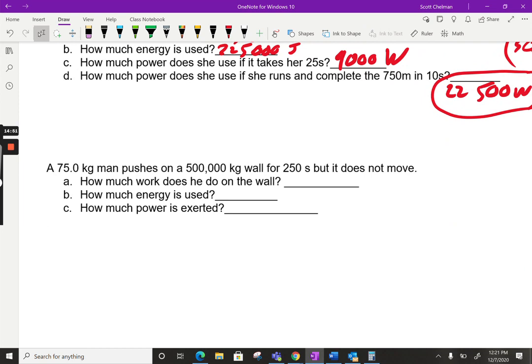Okay. So, going on to this one. All right, Kylie. This one. How much work does he do on a wall? Okay. Anybody get this one? Or if you didn't get this one, you know what it is right now because you should.